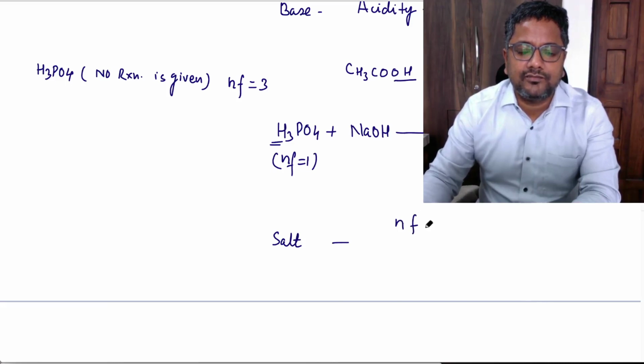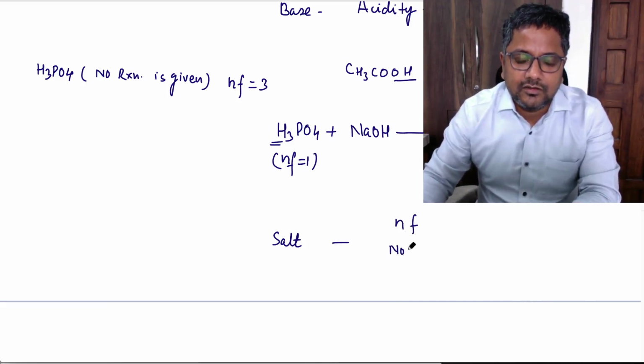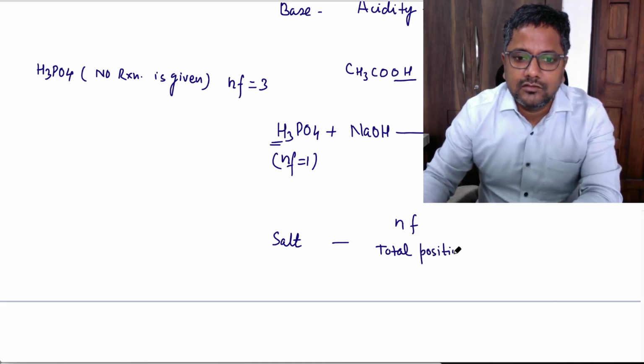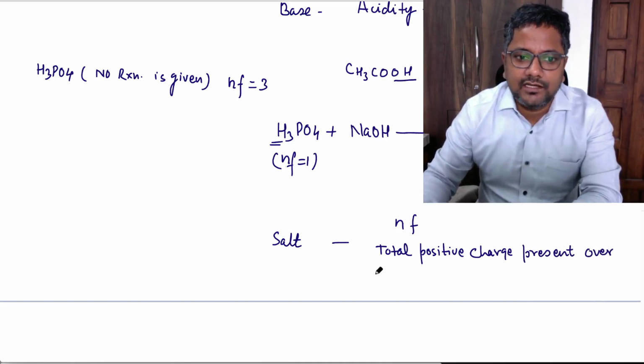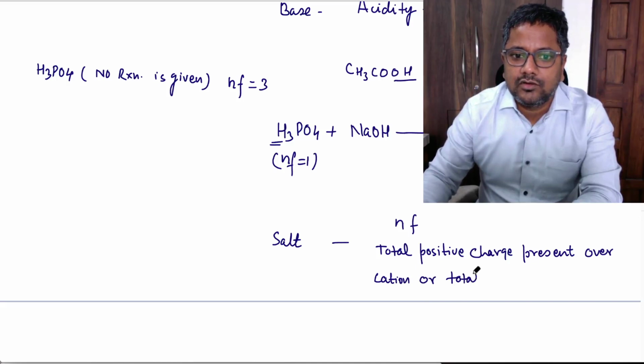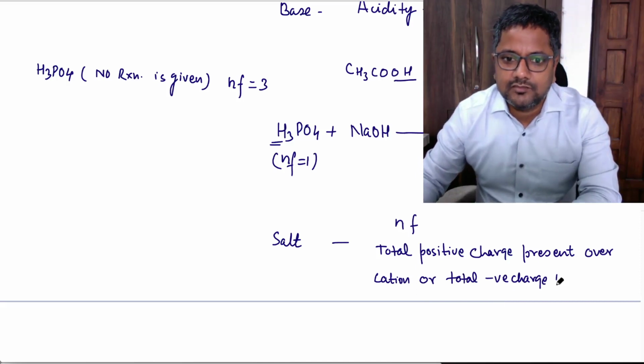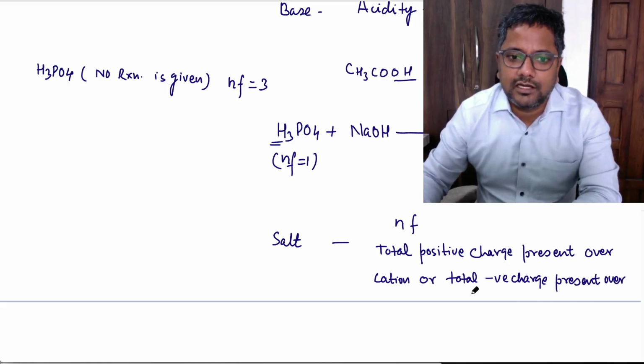The n factor of a salt is the total positive charge present over the cation, or the total negative charge present over the anion.